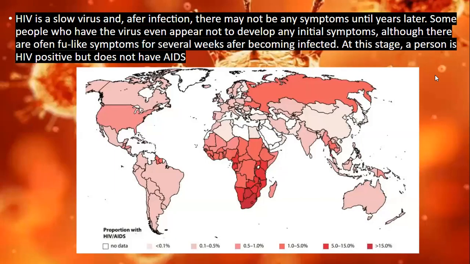And you can see the distribution here of HIV and AIDS. The red parts right here are basically where sex is unregulated, where you see a large amount of prostitution.